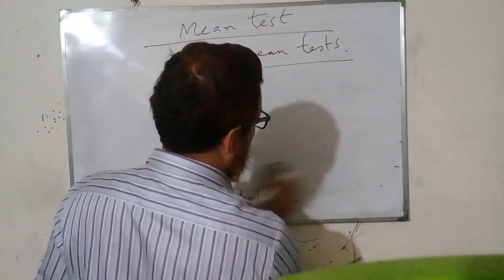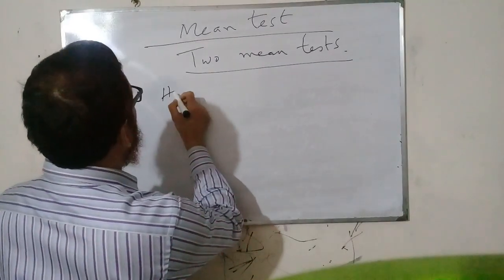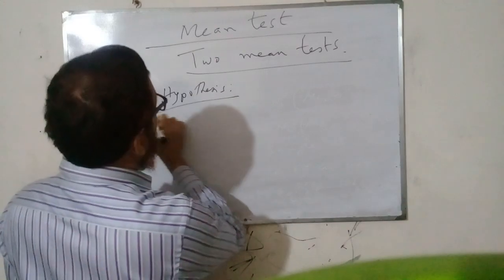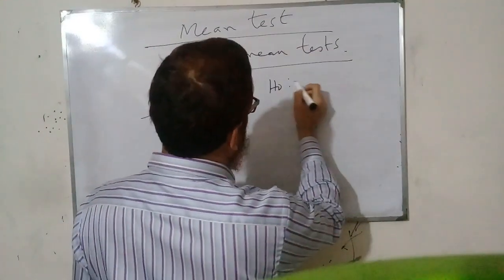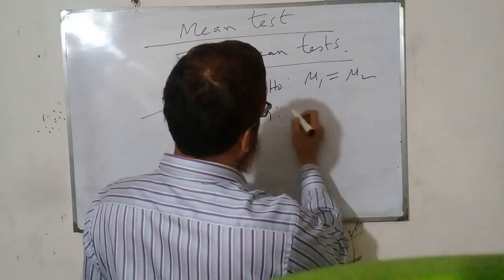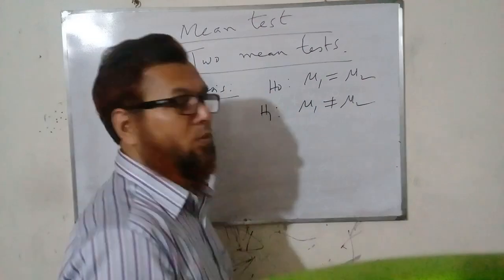Test hypothesis. In this case, the appropriate hypothesis is mu1 equal to mu2, alternative mu1 not equal to mu2.